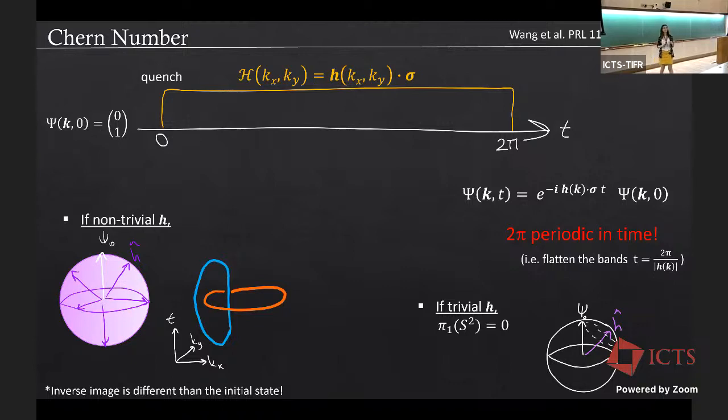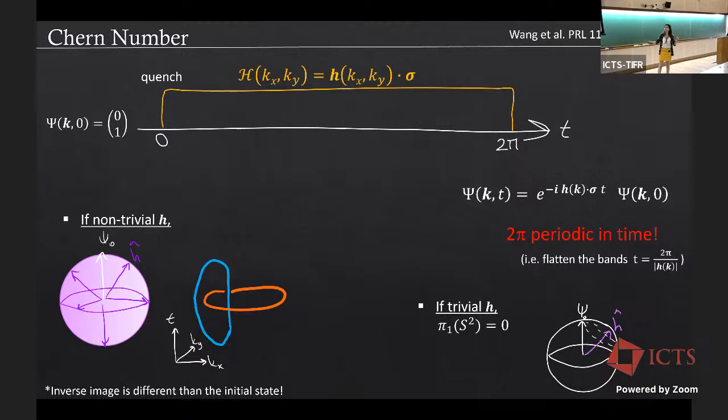And if I have a non-trivial Hopf map, if I take two points on S2 and take the inverse image of them in my parameter space, what does it mean? Let's say this is the blue point on S2, and I write my kx, ky, t parameter space. The wave function is rotating at each k point somewhere. So whenever something points in the direction that I choose, I put a dot at that kx, ky, t.